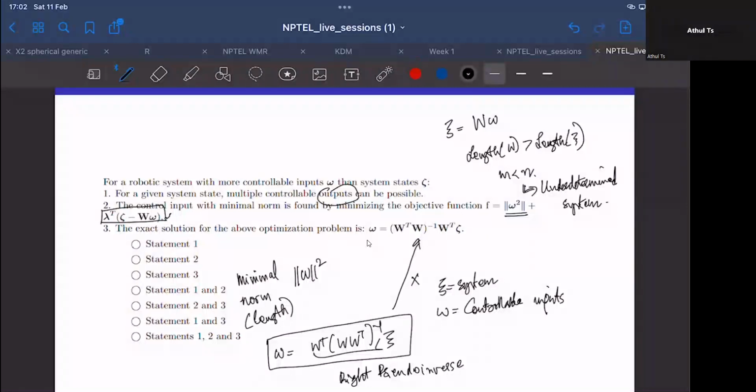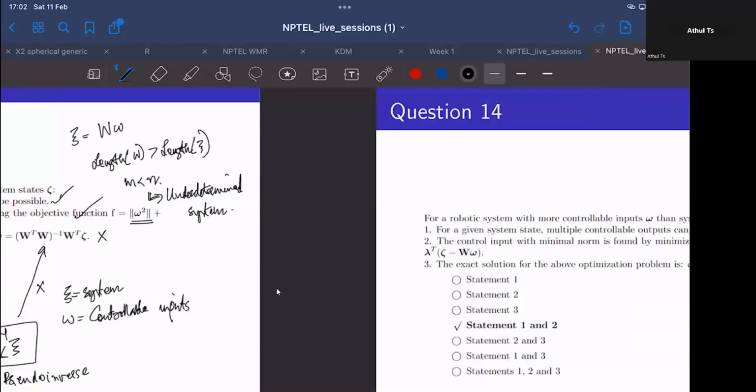So the first option is correct, the second option is correct, and the third option is not correct, because for an underdetermined system we should be using the right pseudo inverse, but the statement says we should use the left pseudo inverse. The correct answer would be statements first and second, not the third. That is indeed the answer.